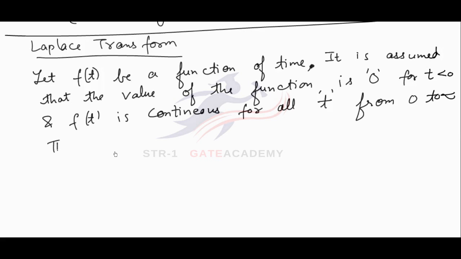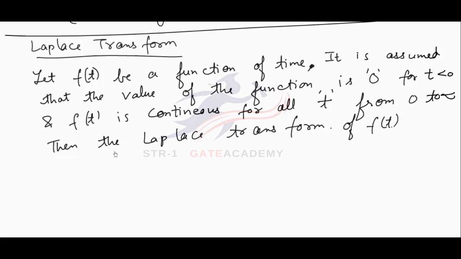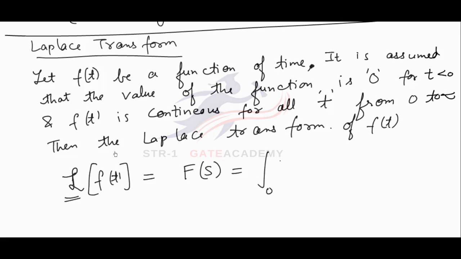Then the Laplace transform of f(t), written as L of f(t), where L is the Laplace operator, is equal to F(s), and mathematically it is represented by the integral from 0 to infinity of e raised to minus st times f(t) dt.